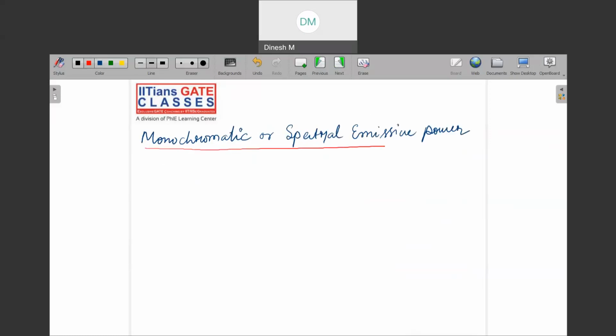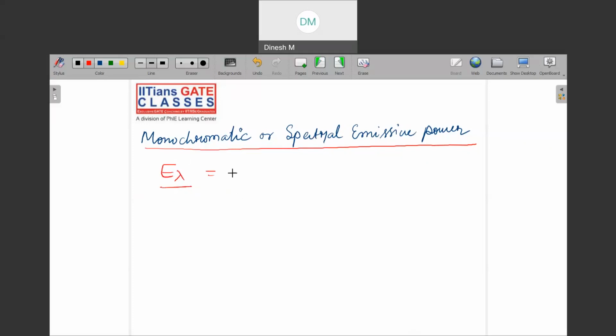Let us say you have the total hemispherical emissive power, right? But sometimes your body is defined for a particular d lambda. So when you have E lambda, E lambda is nothing but your spectral emissive power.